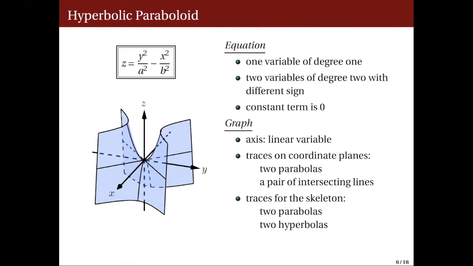Inspecting this hyperbolic paraboloid, we can see that the axis is the z-axis, which is still the variable of degree 1 in the equation. Looking at the traces on the coordinate planes, we can see that the trace on the xy plane would be this line and this line, a pair of intersecting lines.